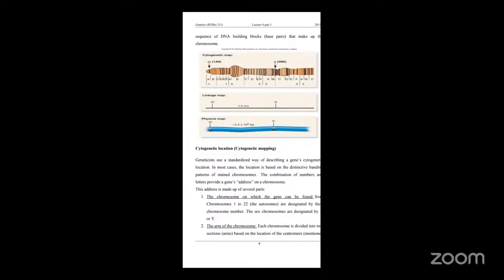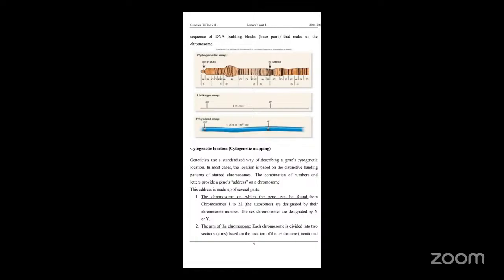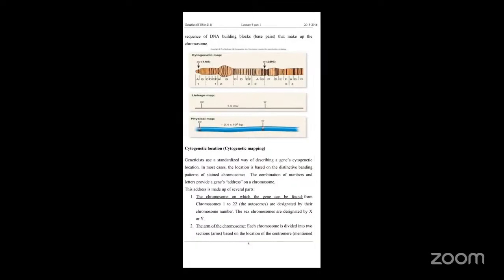So how did they identify it? Once they stained it and got the distinctive bands, they used several parts to describe where the gene is located. For example, the chromosome on which the gene can be found, from chromosomes 1 to 22, is designated by its chromosome number. The sex chromosomes are designated by X or Y. So you need to follow certain rules.